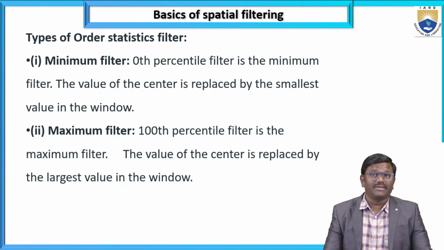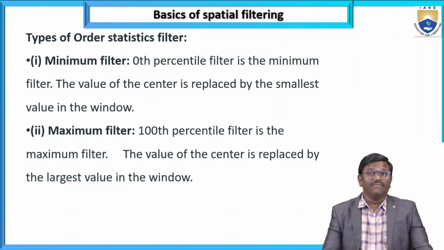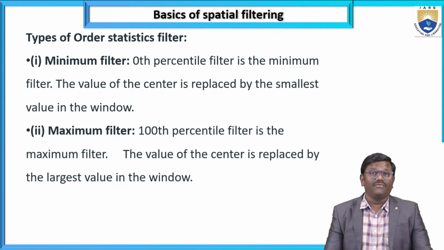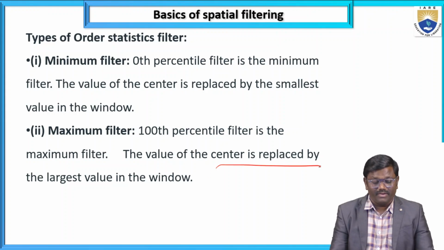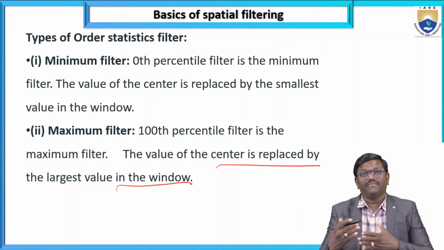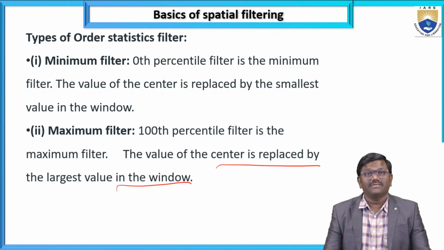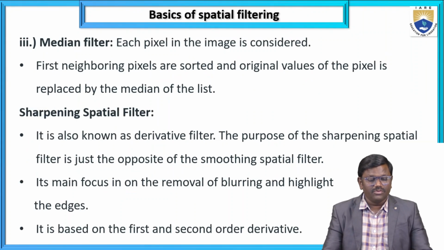Whereas the maximum filter is the 100th percentile filter, where the center value is replaced with the largest value in the window. So the difference is that the smallest value is the minimum filter process, and the largest is the maximum filter.